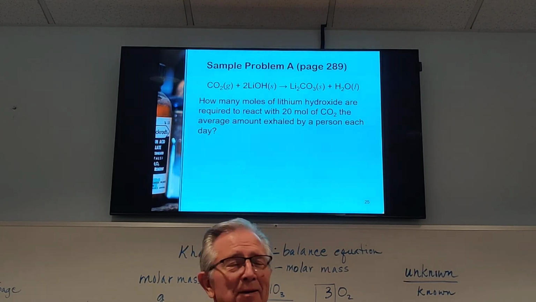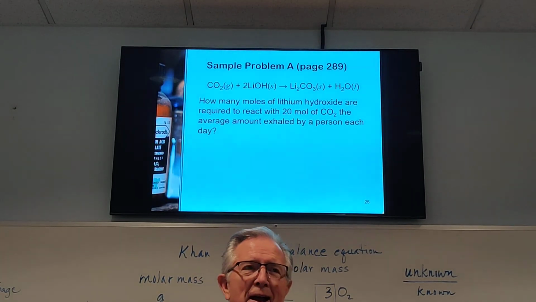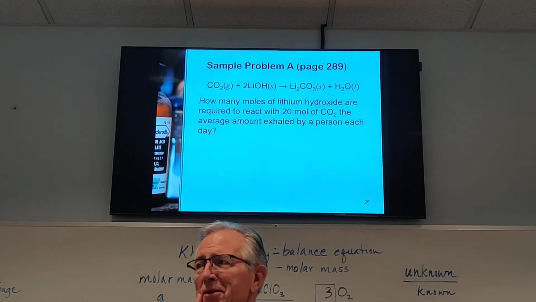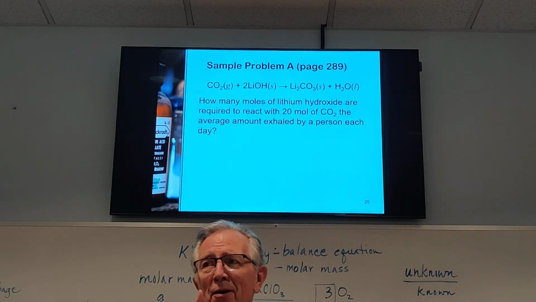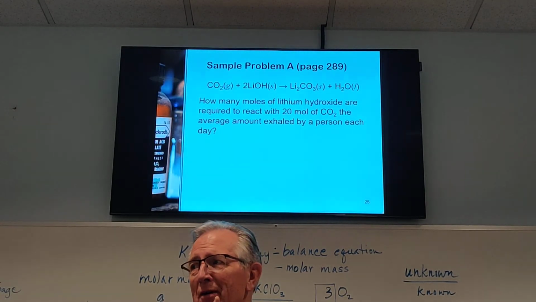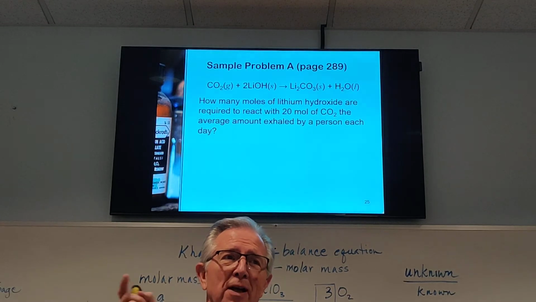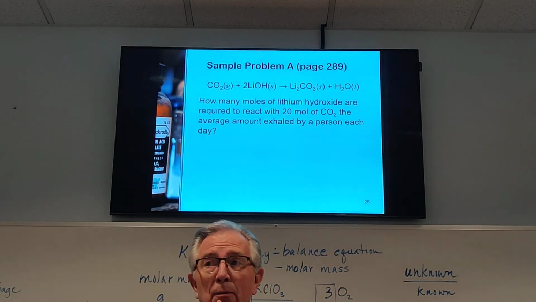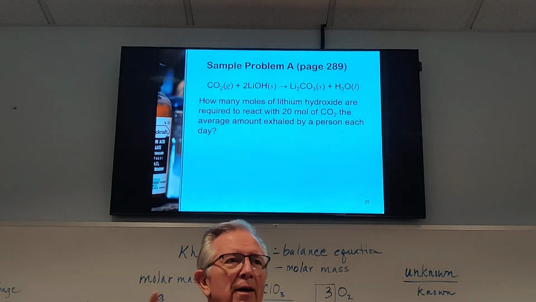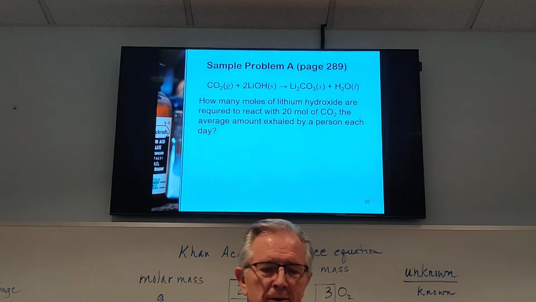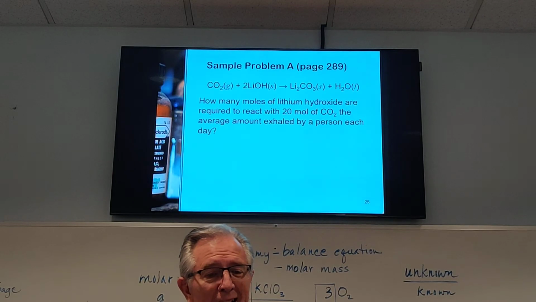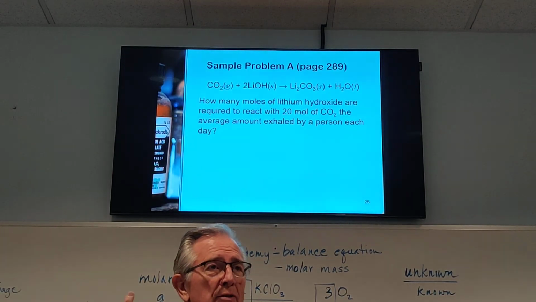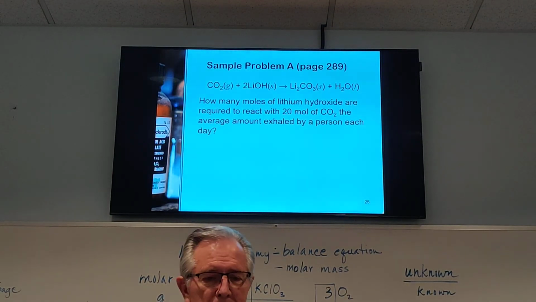First of all, they don't say it's not balanced. And the other thing that I would suspect that it is balanced, there is one coefficient there. Now, if there were no coefficients, I would be suspicious that maybe it's not balanced. It might be, without having to add any coefficients. But I see a 2 in front of the LiOH, so it's probably balanced.